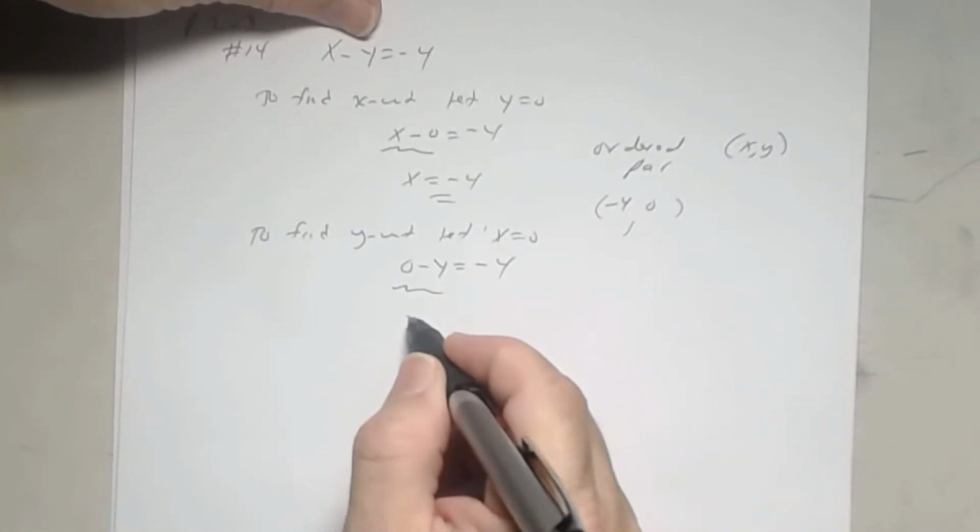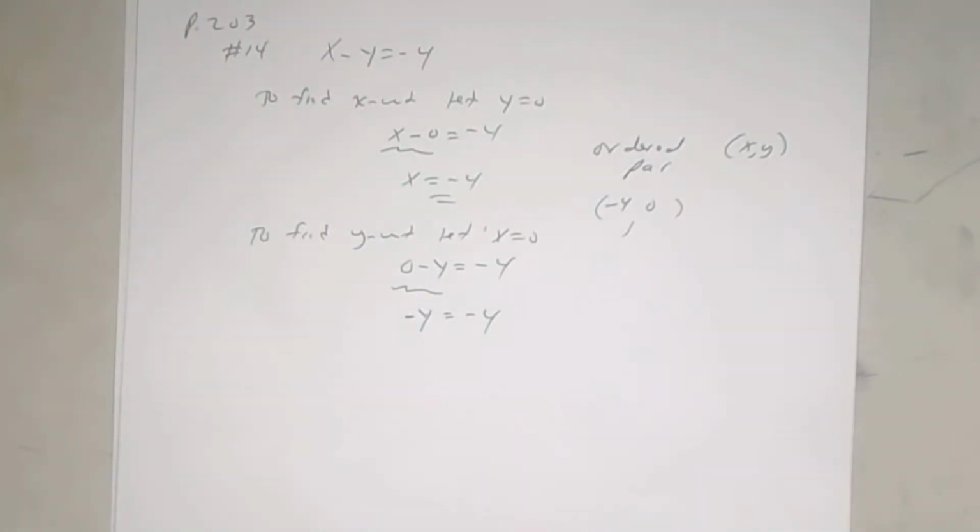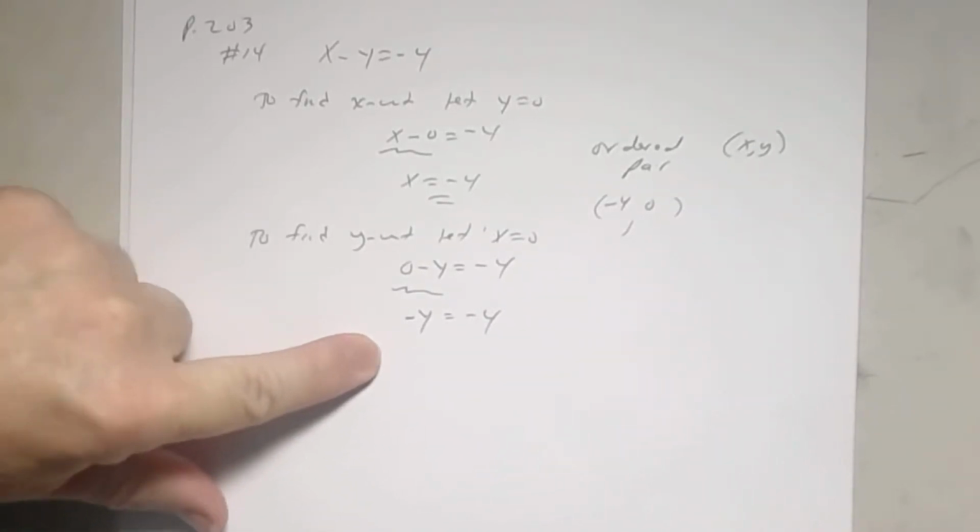That's what you get. But remember, you got to get y by itself, which means you want the coefficient of y to be 1. What is the coefficient of y right now? -1.